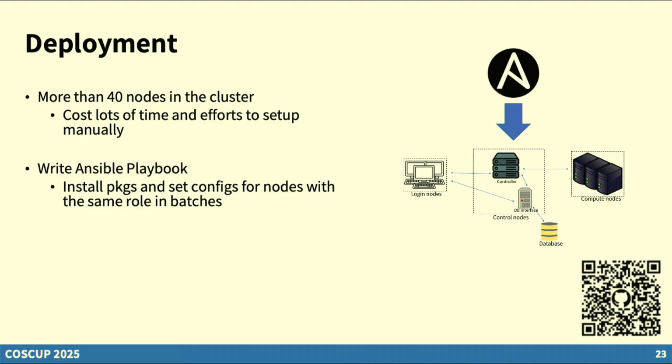But don't forget that we have more than 40 nodes in our department. If we set up everything manually, it will cost a lot of effort and time. So we wrote an Ansible playbook. Do you know what an Ansible playbook is? You can think of it as a short script that can run on many nodes.